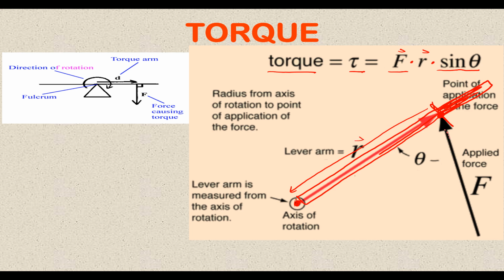The force is applied there, and the angle between the force and the lever arm is theta. So the formula is torque is equal to force times distance times the sine of theta.